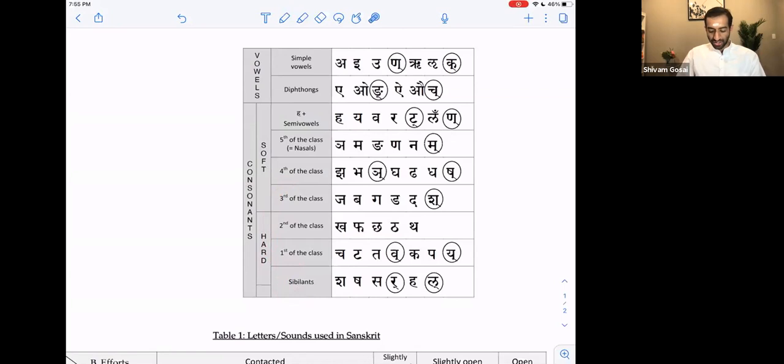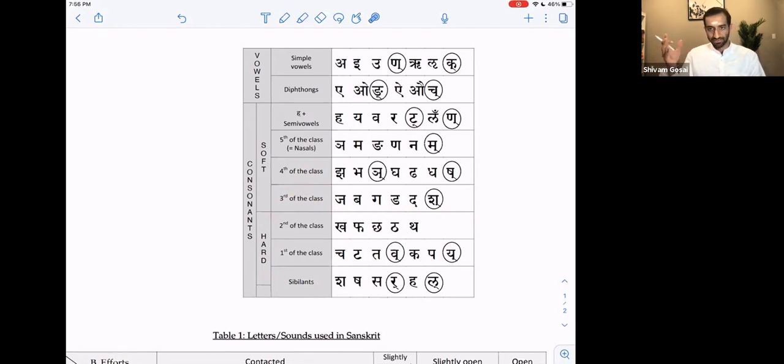What is jash? Jash is just jabagadadash. Third of the class, right here. You have to say it like the Damaru, like Lord Shiva's Damaru. Jabagadadash. So any of these fourth to the sibilants becomes jabagadadash when at the end of a pada.